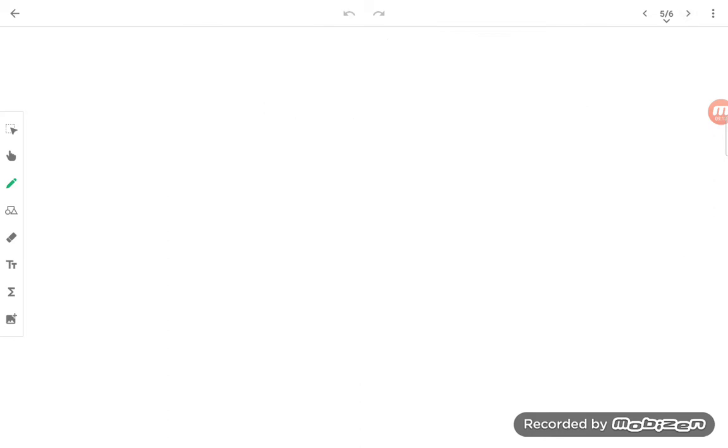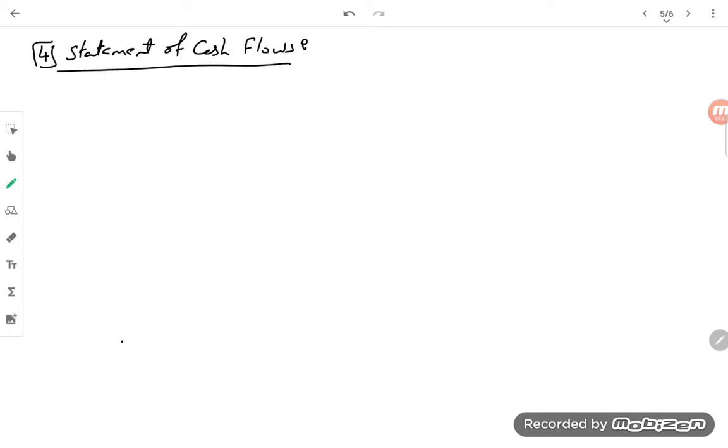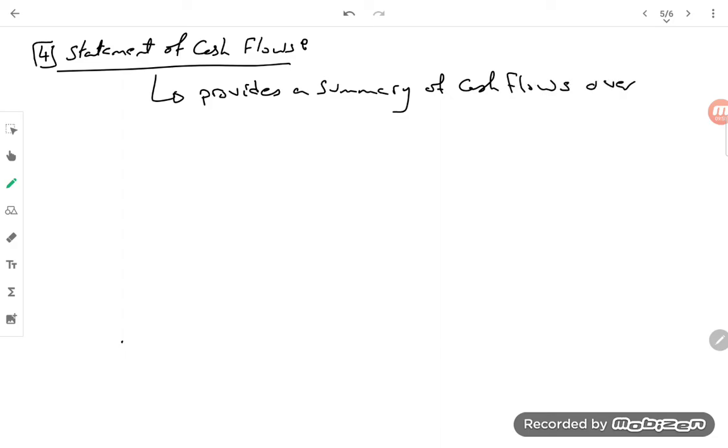Statement number 4 is the statement of cash flow. A statement of cash flows provides a summary of cash flow over the period of concern, usually 1 year or at the end of the year.